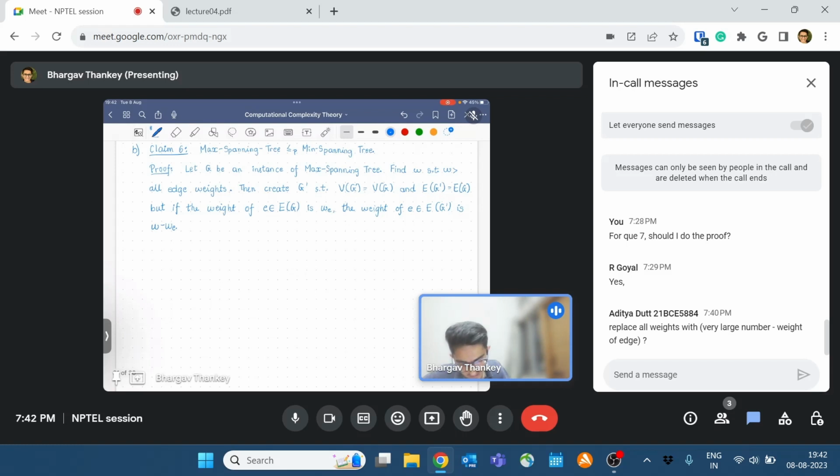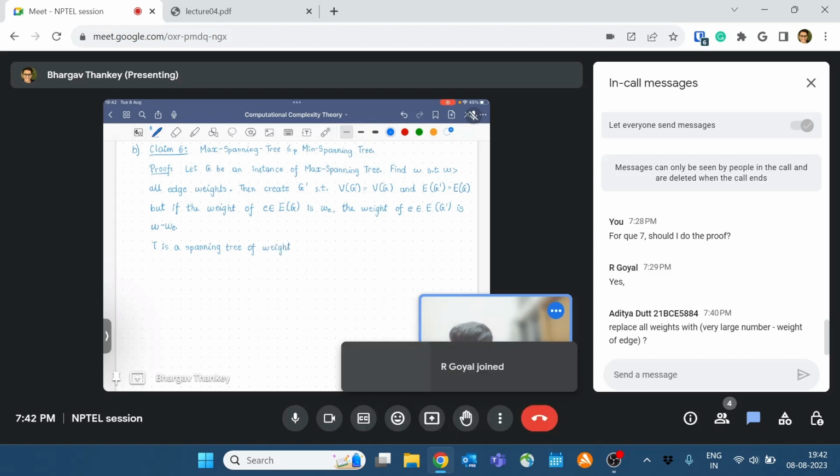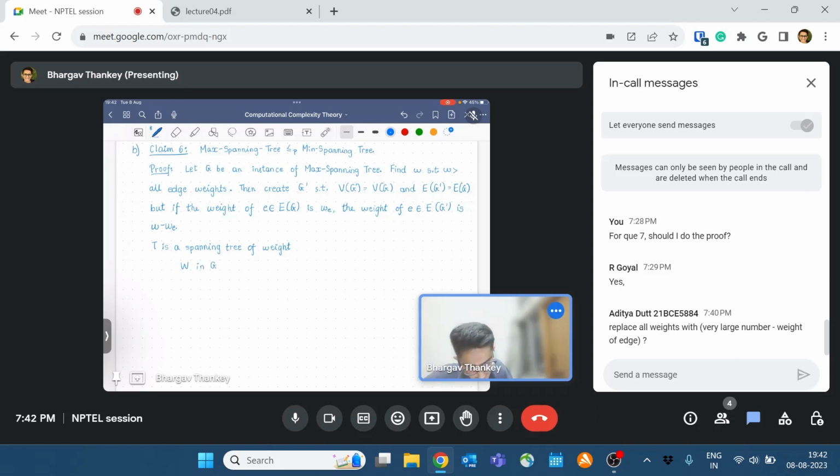And now, let me put it like this. T is a spanning tree of weight capital W in G if and only if T is a spanning tree.